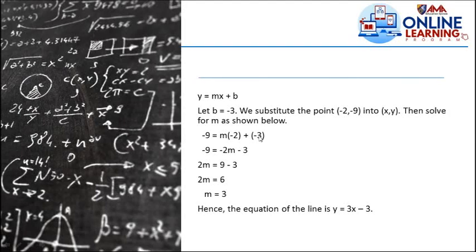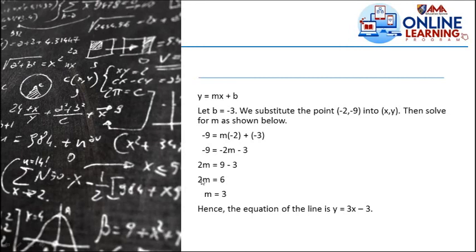So simplified further, we have negative 9 is equal to negative 2m minus 3. Or, if we're going to transpose this one, collecting like terms, magiging positive siya, 2m, ito ilipit natin siya, magiging positive din po siya. So we have 9 minus 3.